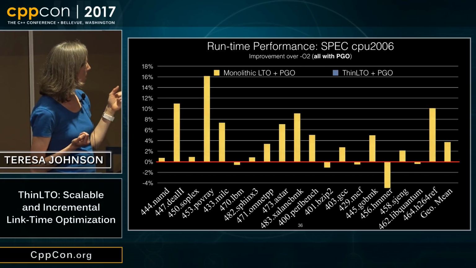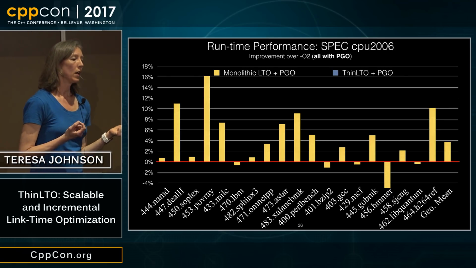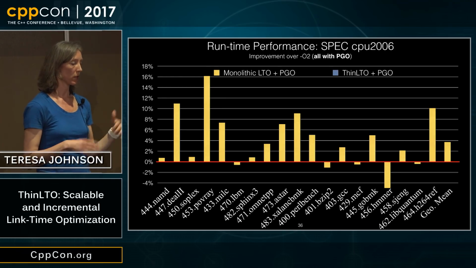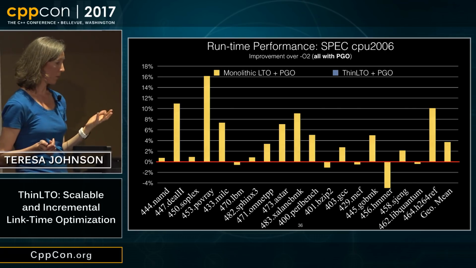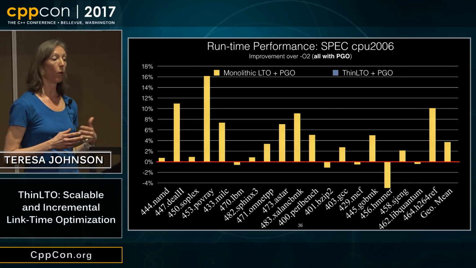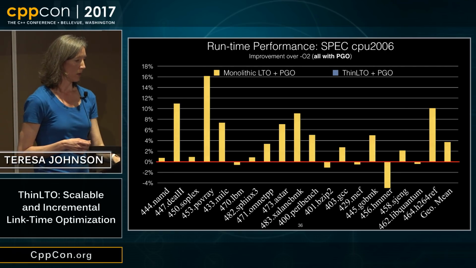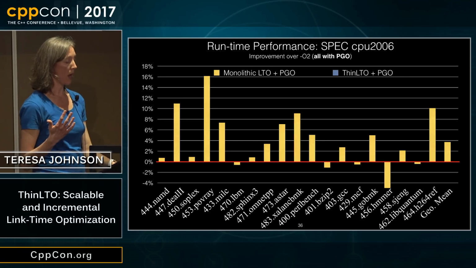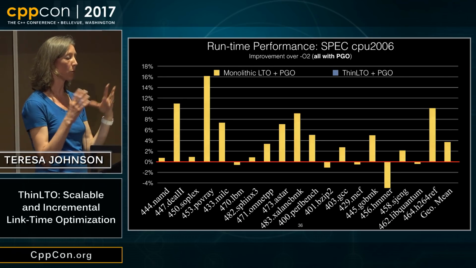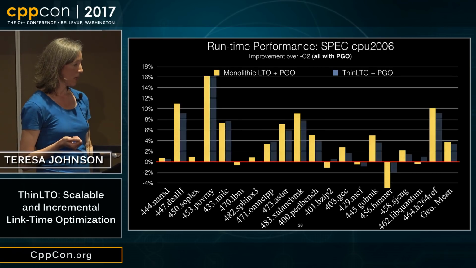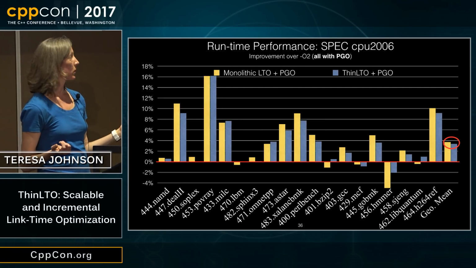So first looking at monolithic LTO. A lot of the SPEC benchmarks are not large, so they don't all benefit that greatly from LTO, but there's a range. And there's some that benefit quite a lot from LTO, like Povray, OmnetPP and Xalancbmk. So now if you look at ThinLTO, which is, remember, quite a bit more scalable, but doesn't have as rich information to perform interprocedural analysis on, it turns out it actually does almost as well.